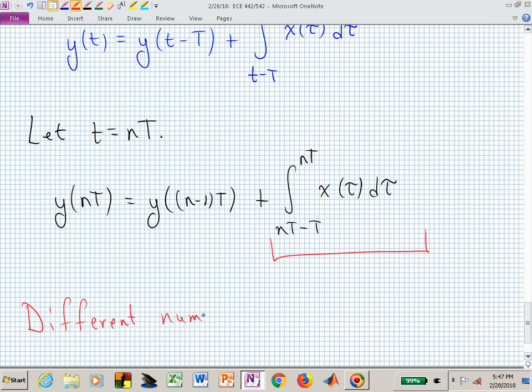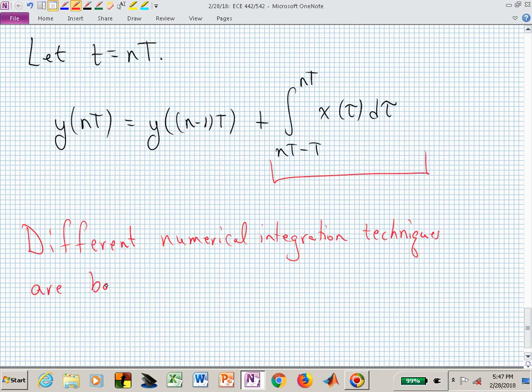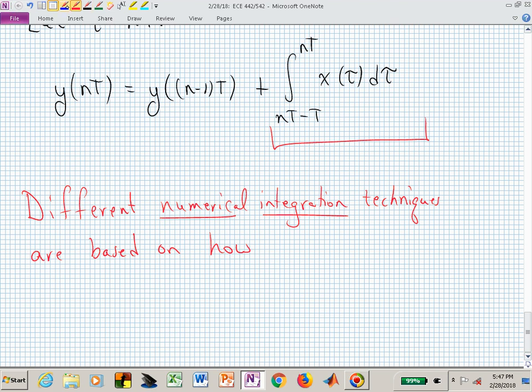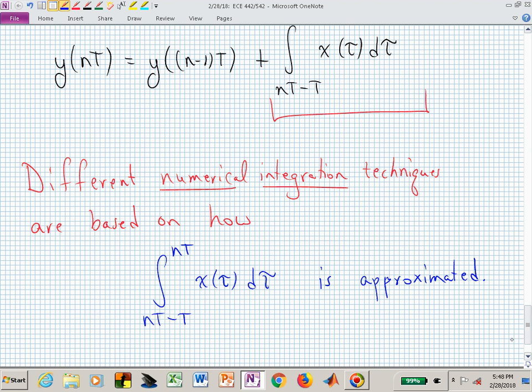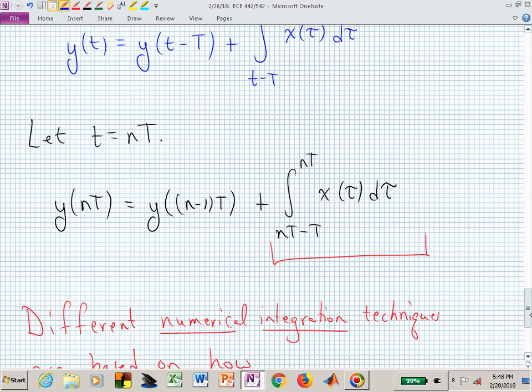Our different numerical integration techniques are based on how this integral from nT minus T to nT of x of tau d tau, how are we actually going to approximate that integral? Can we do the whole thing? Can we go ahead and integrate the whole area?